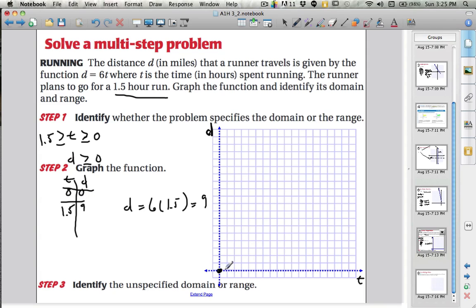Let's make these a little bigger. There's 1, there's 2. So at 1.5, I'm at 1, 2, 3, 4, 5, 6, 7, 8, 9. And that's where I will stop. Okay, and there's my graph.